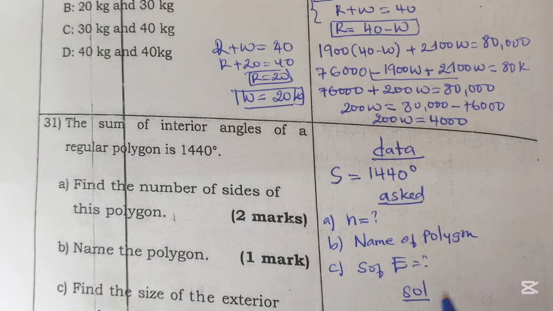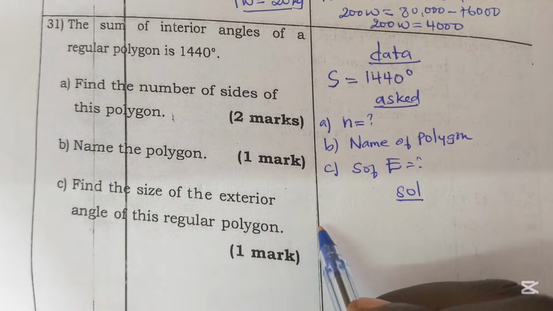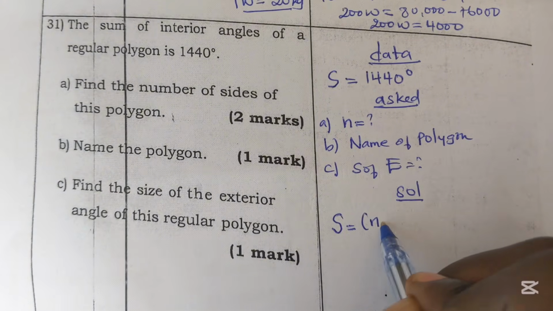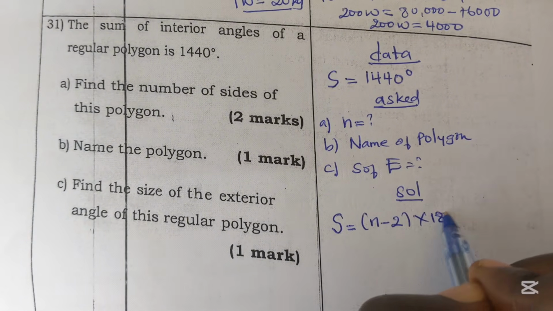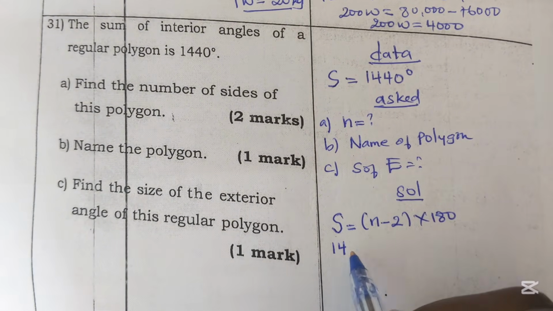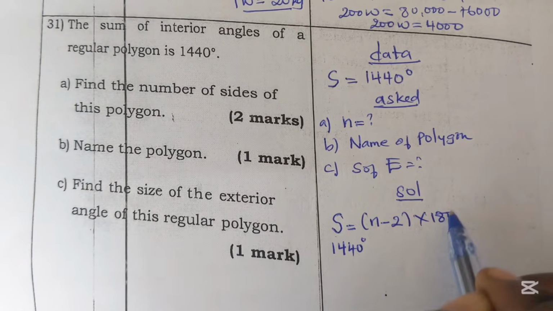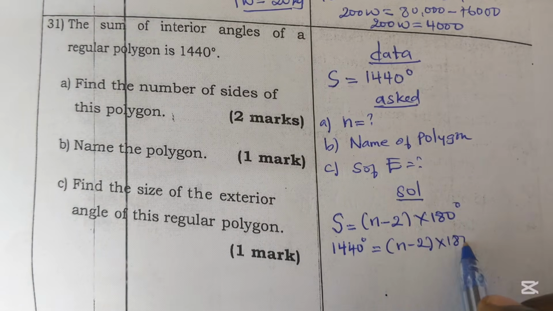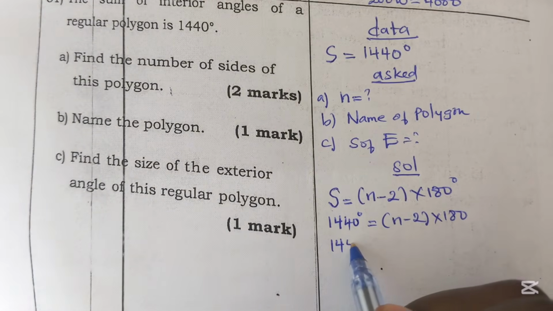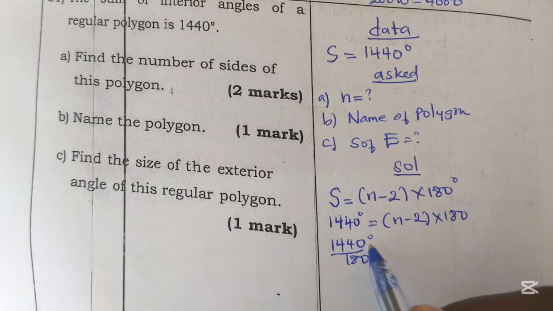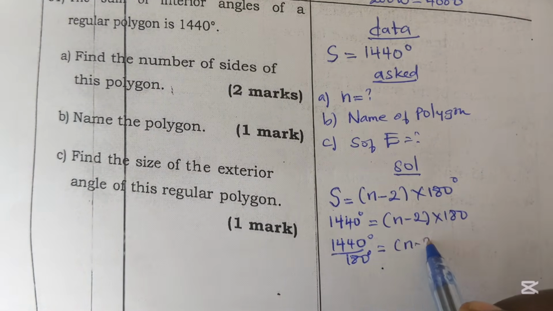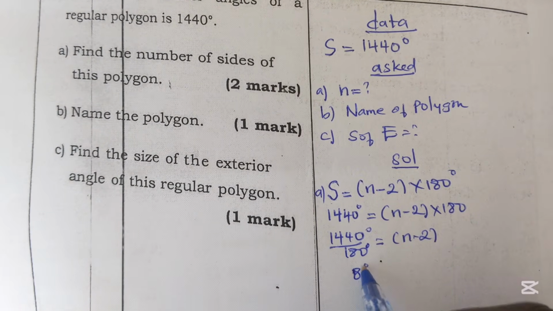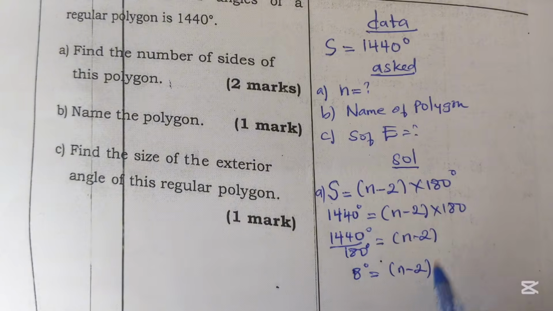Then solution. In general, we know that the sum of interior angles is equal to the number of sides minus 2 times 180. We have the sum 1440 degrees equals n minus 2 times 180, then 1440 over 180 degrees will be n minus 2. Then here we get 8 will be n minus 2.